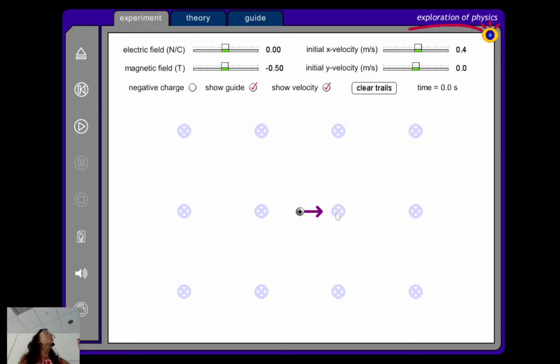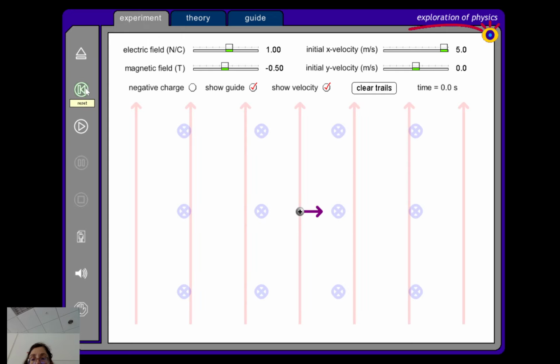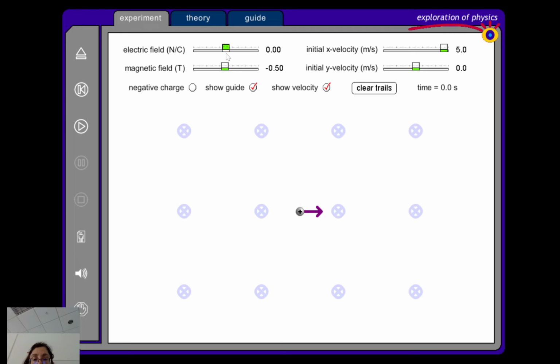When the force is perpendicular to the velocity, it means that the object will describe a circle because it's a centripetal force. Let's see. It's a circle, but we're going to make it go faster. Bear with me. Don't go anywhere.